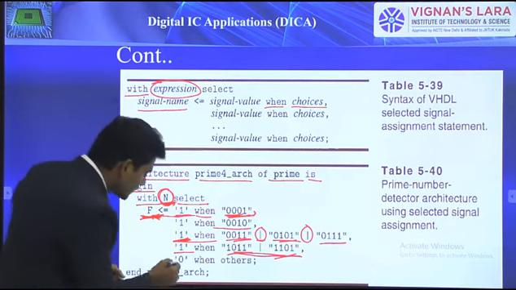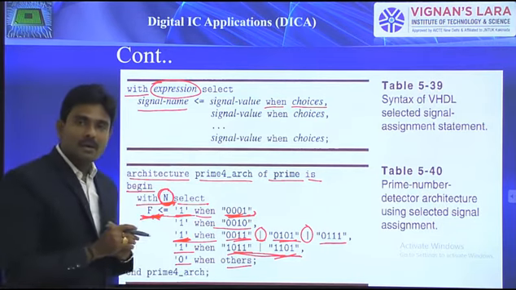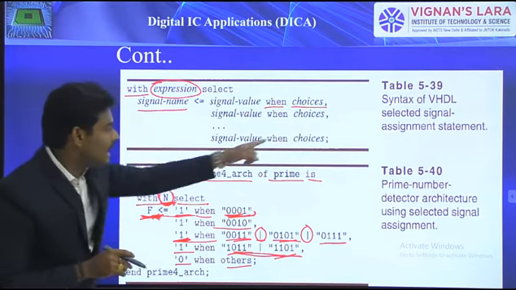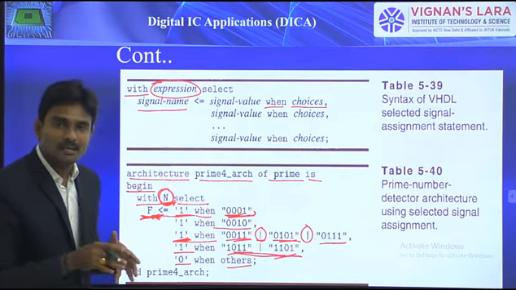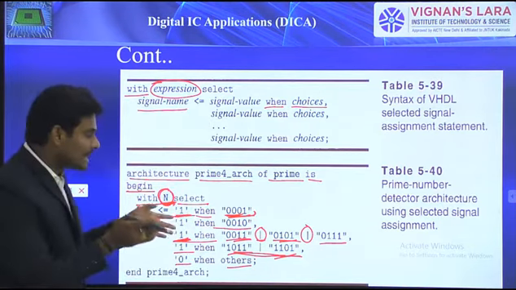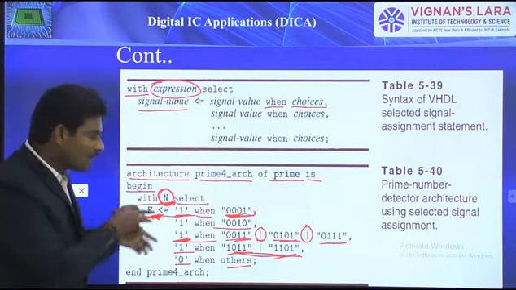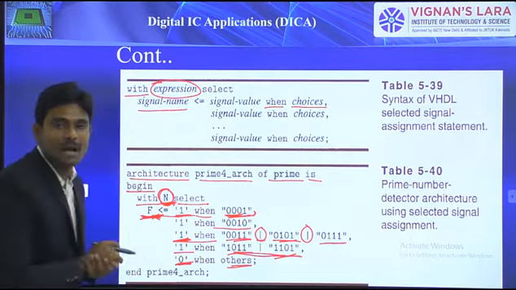So next to that, 0 when others. This is one more important thing. In choices, in the last choice, you can also mention others. What it represents: whatever choices you mentioned till now, for all other input combinations, this particular value will be assigned to f.